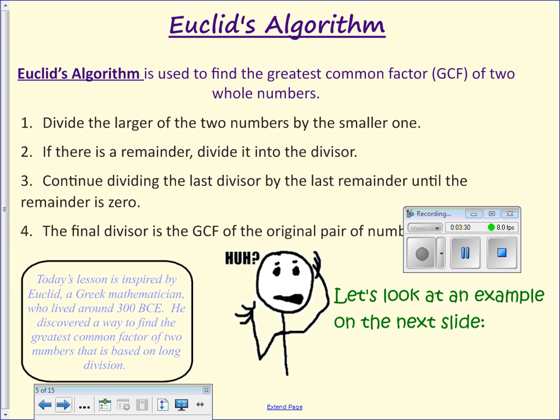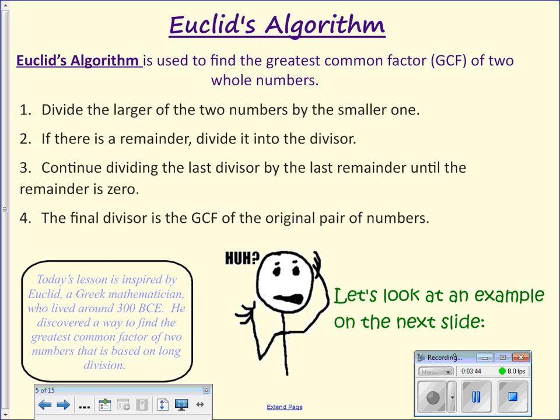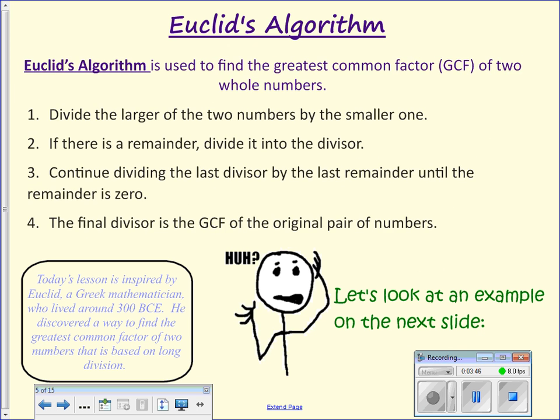He discovered a way to find the greatest common factor of 2 numbers using long division. So today we're just going to use division to find the GCF. Now here are the steps 1 through 4, and they're on the top of page 81 in your packet.